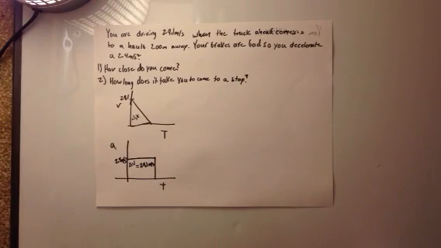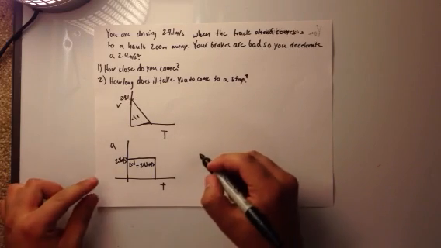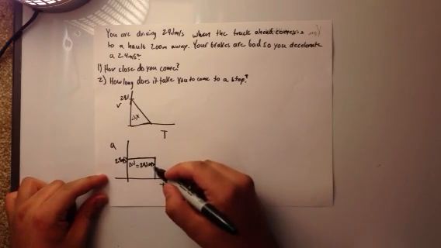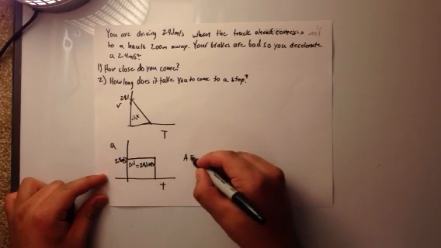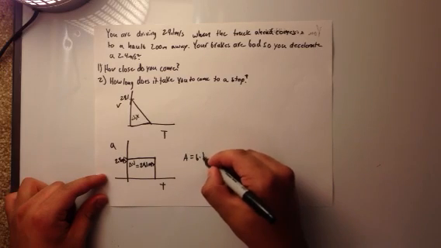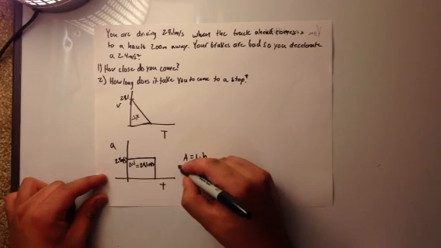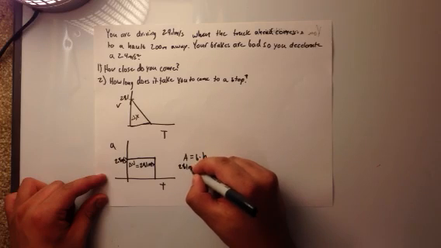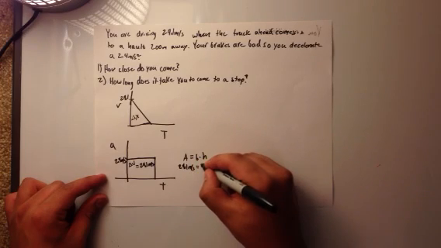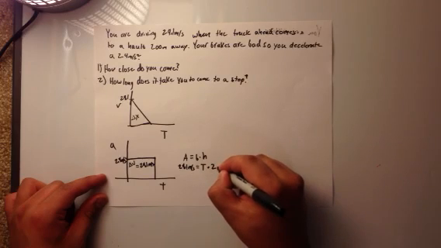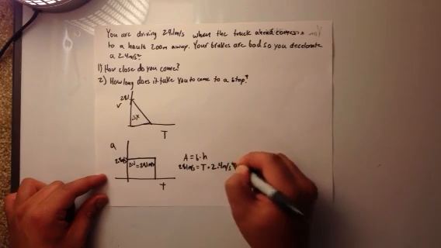Well, now we don't really have a physics problem anymore, we just have a geometry problem. We know that the area of a rectangle is base times height. We know the area is 29.1 meters per second, which equals the base, which is our time, times the height, which is 2.4 meters per second squared.